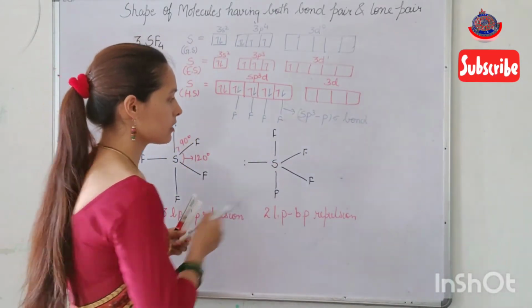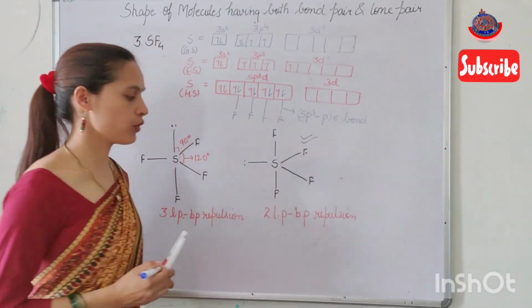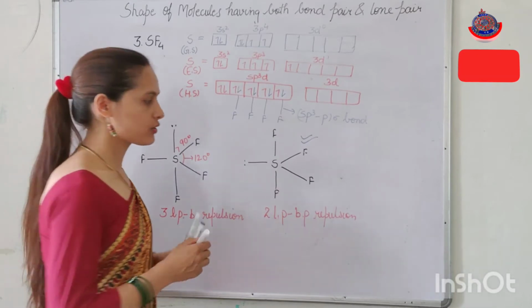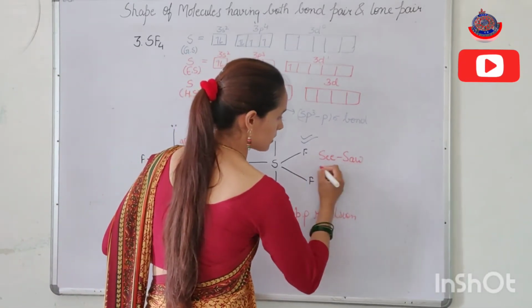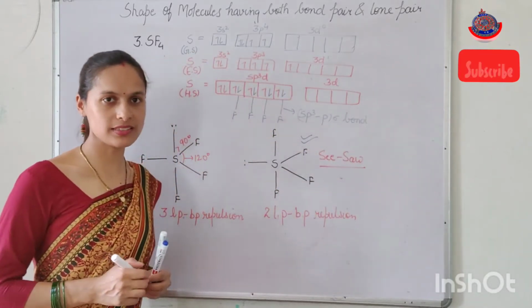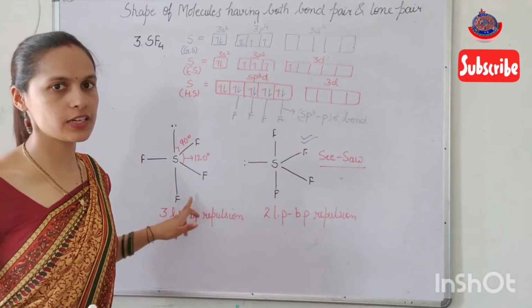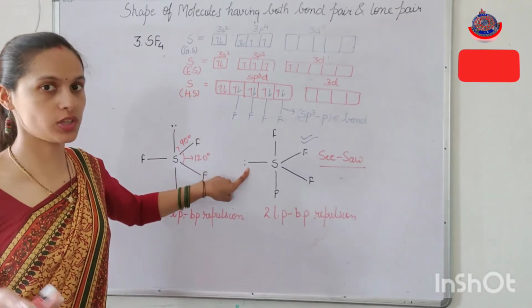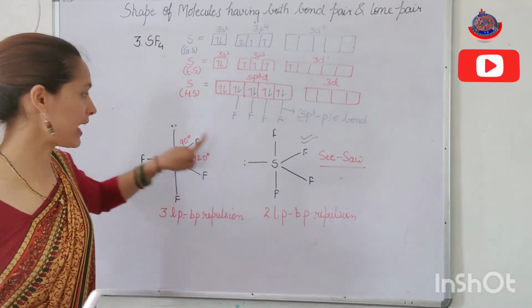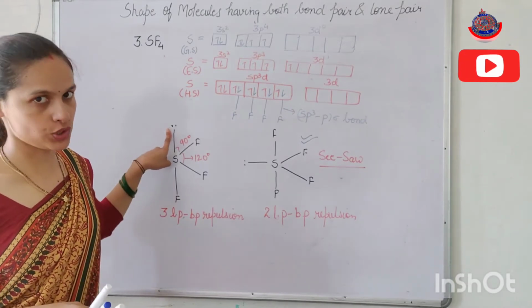So the shape of SF4 is this, and it is known as seesaw. I hope this is clear to you, that why the lone pair occupies the equatorial position and why it will not occupy the axial position.